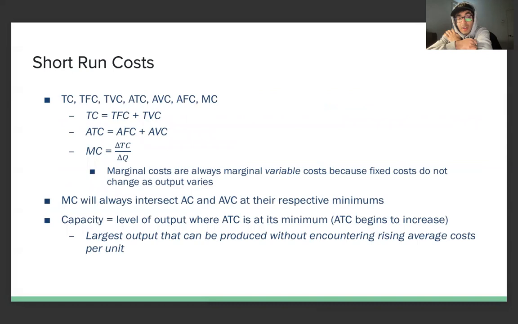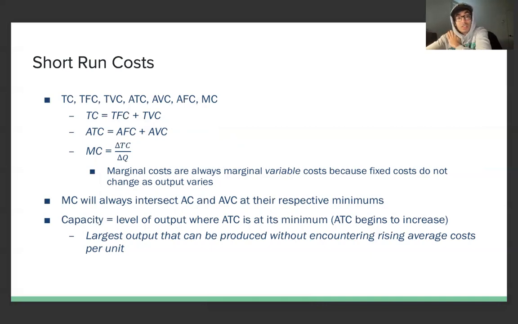So we also have costs in the short run. Total cost is the sum of total fixed cost, which is a one-time fixed cost in the short run, and total variable cost, which is the more variable factors you have, the higher your total variable cost. Total fixed cost is something like a building. Total variable cost varies with the number of variable factors you have.